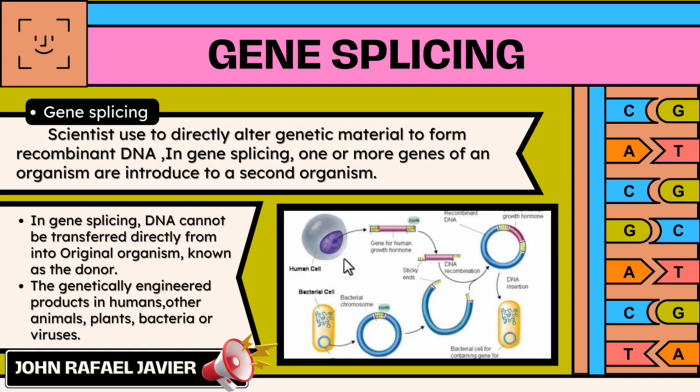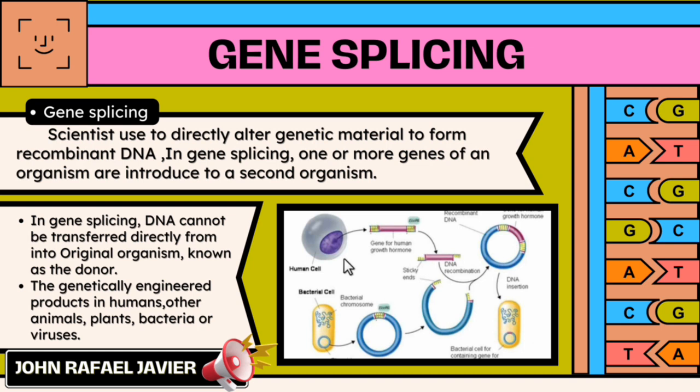Gene splicing. Scientists directly alter genetic material to form recombinant DNA in gene splicing. One or more genes of an organism are introduced to a second organism. In gene splicing, DNA cannot be transferred directly from the original organism, known as the donor.